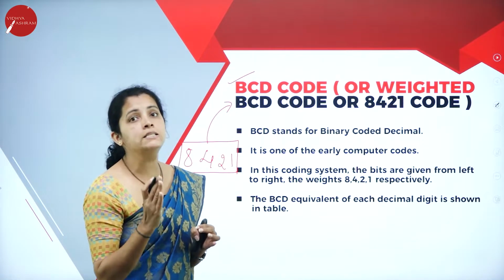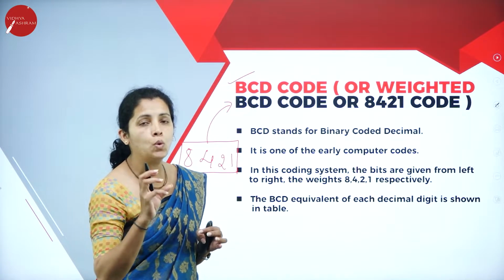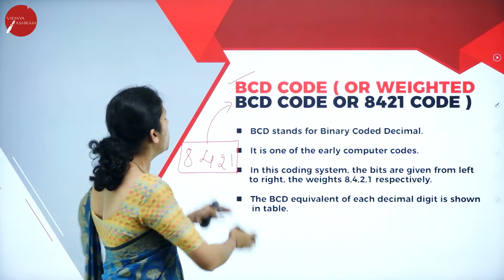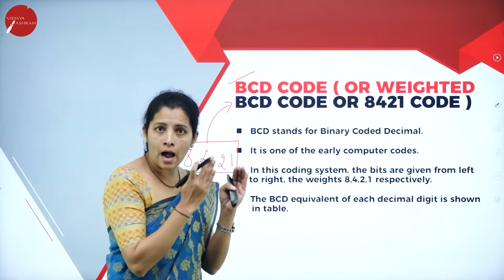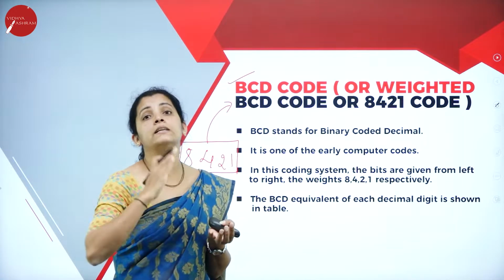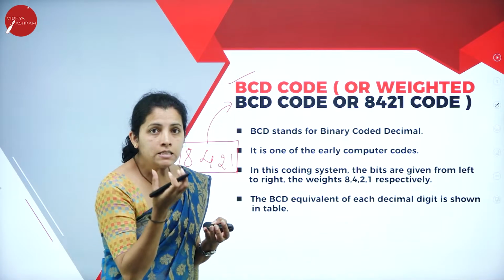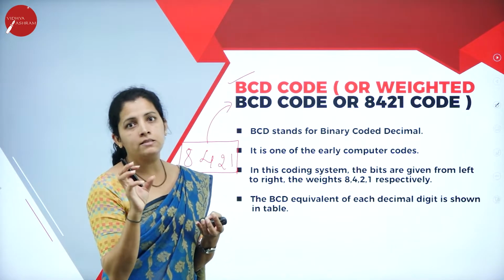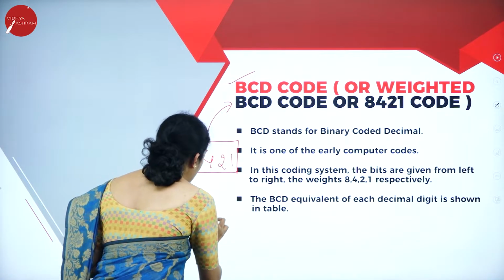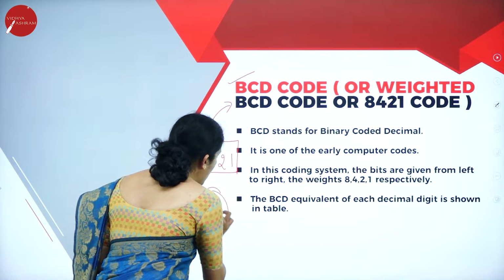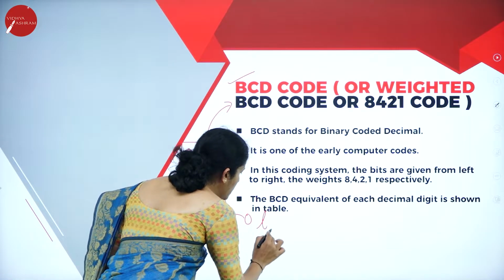So here, what is BCD? Here BCD stands for binary coded decimal. That means whatever decimal number I'm having, I'm going to represent that number in the form of binary. And if I consider decimal number system, I'm having 10 digits and it starts from 0 to 9.